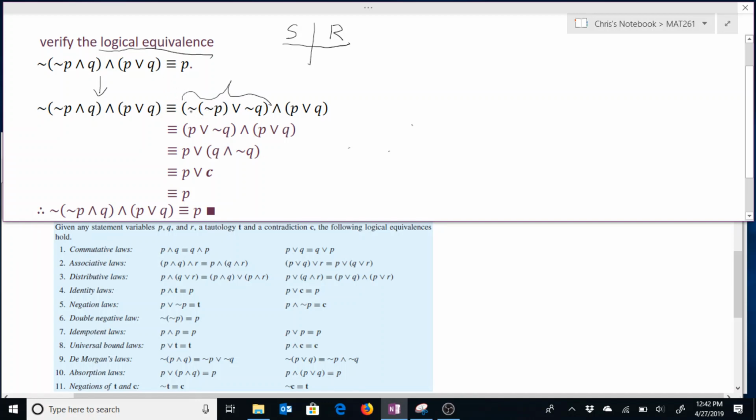We basically distributed that negation through and changed the operation. So this is from De Morgan's law.